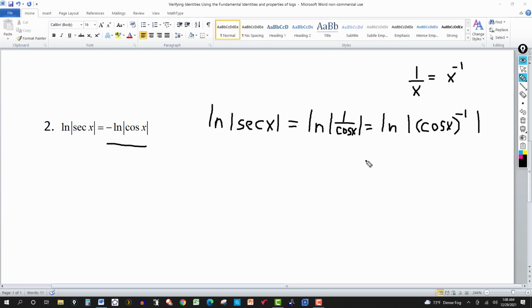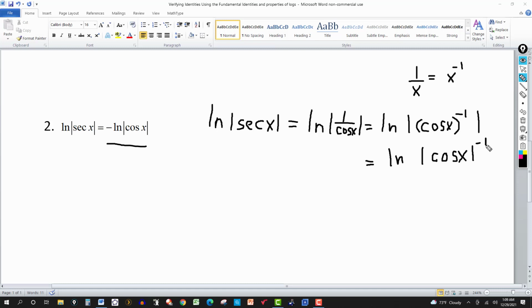And just to make this clear, let me rewrite this as natural log of cosine of x, and this exponent here, I can put it just out here outside the absolute values.